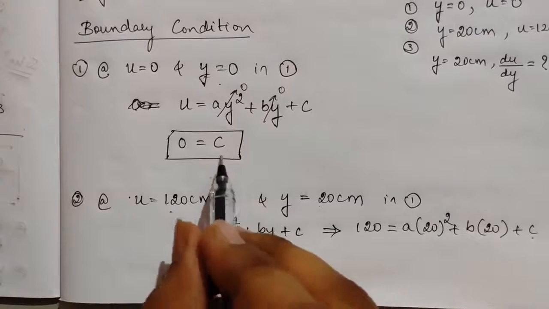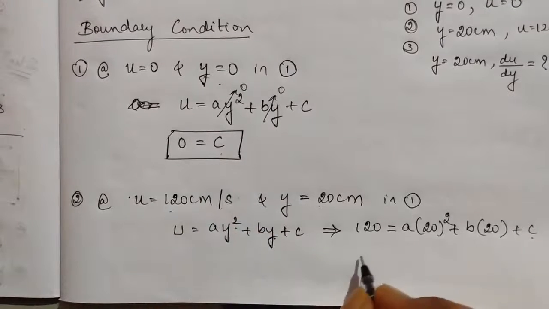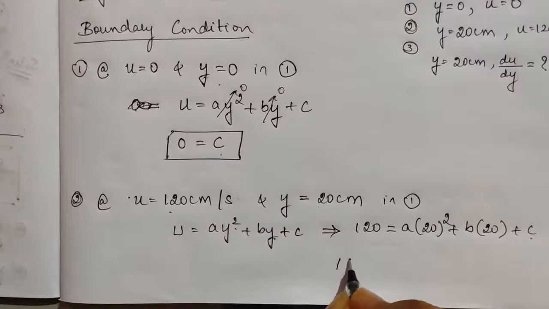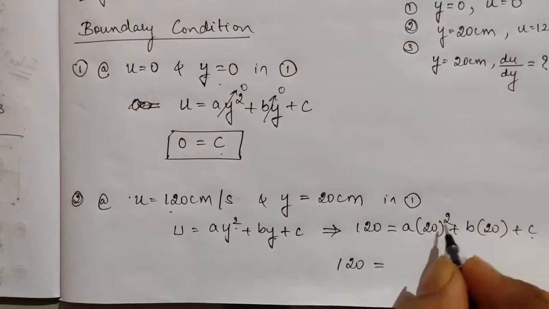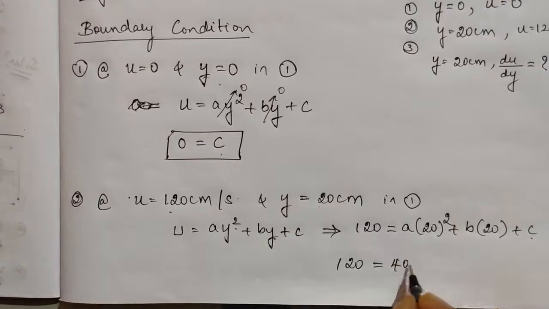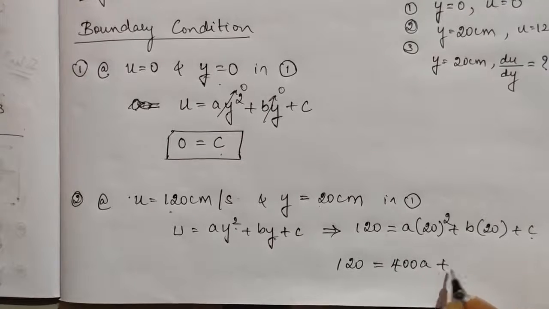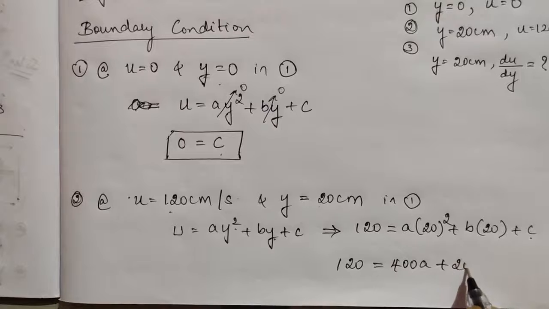But c value, what we got? As 0. So the equation will be 120 is equal to 20 square is 400a plus 20b.